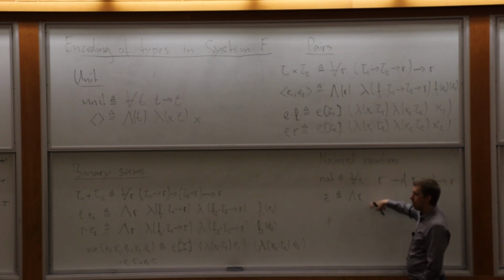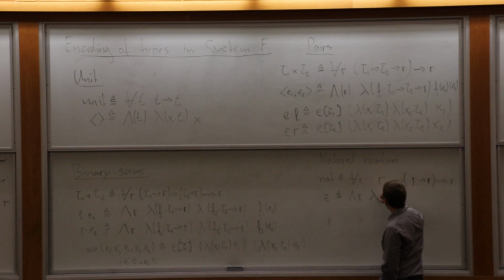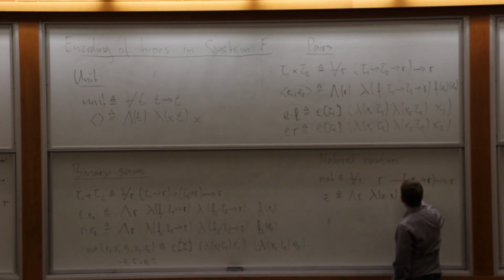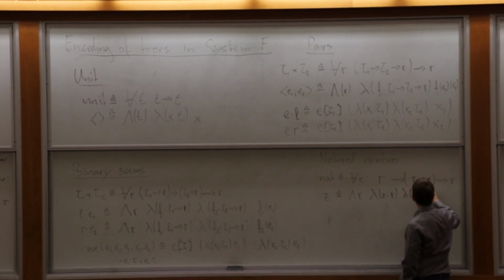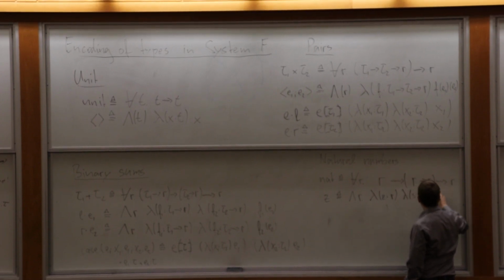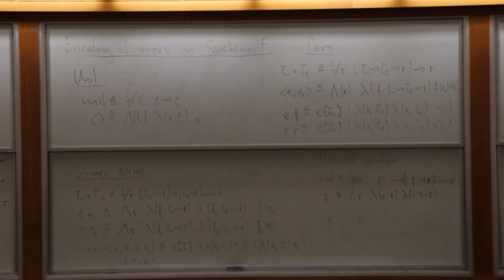So it has to first have something, well, let me just call it Z for whatever reason. And then it has another thing, let me just call it S for basically no reason.